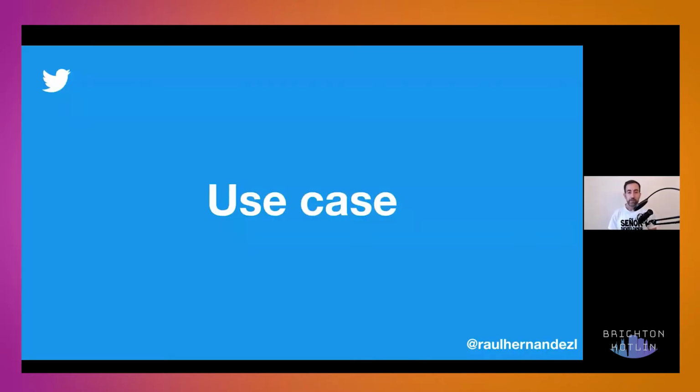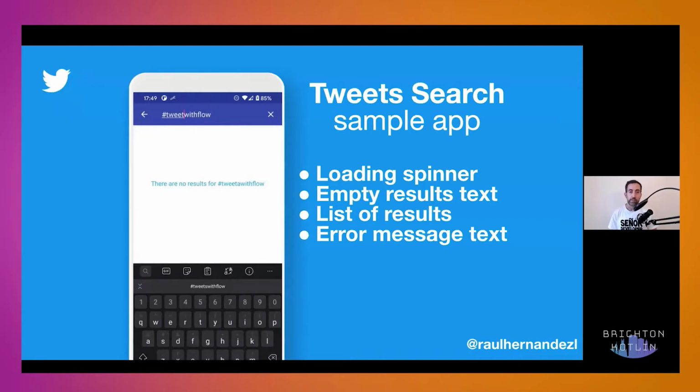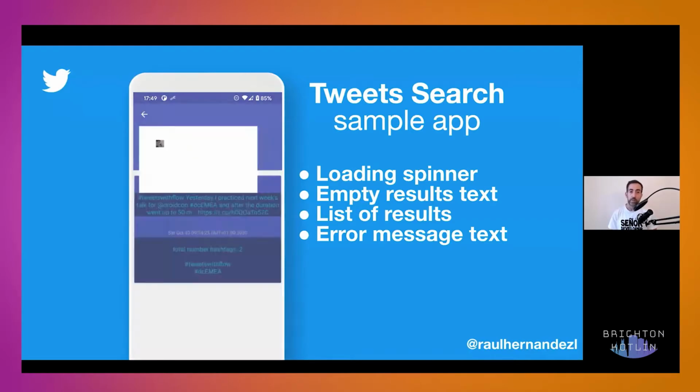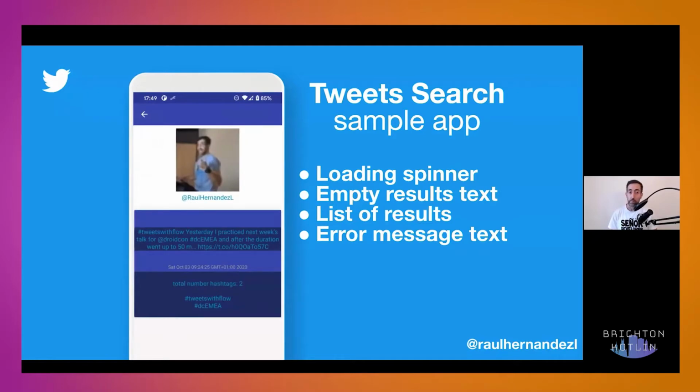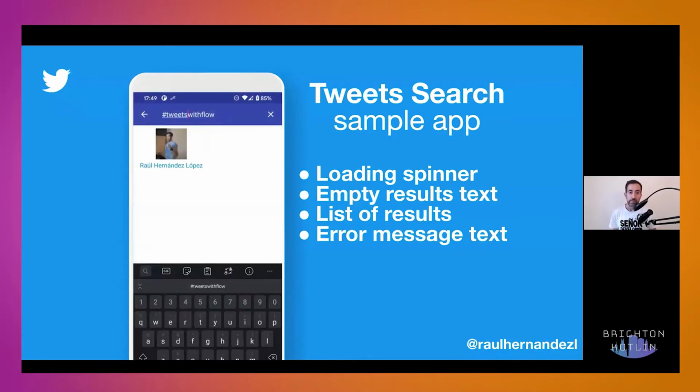But let's see, first of all, this use case, which is basically this kind of sample app with a search engine from the Twitter API. As you can see, I have a few states right there for the UI, which basically starts with a loading spinner, some list of results. And basically the user starts just typing any query of interest.